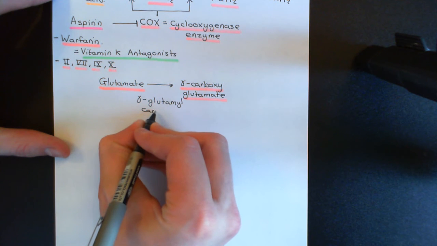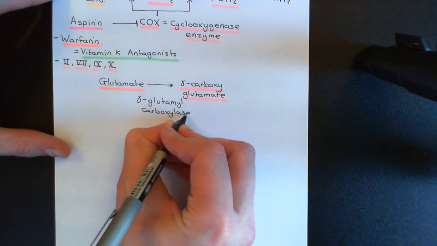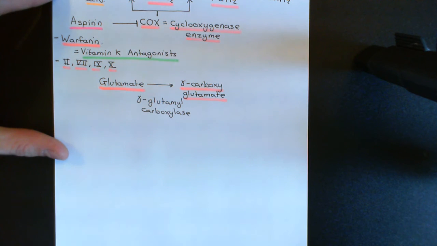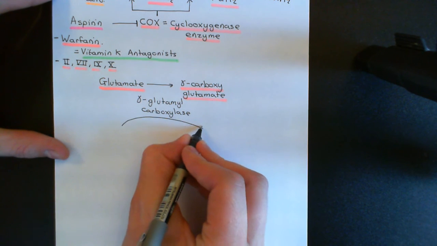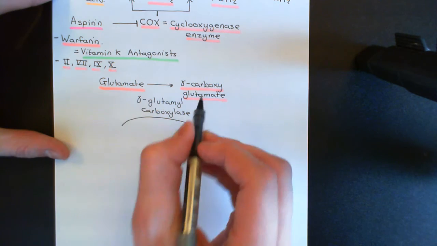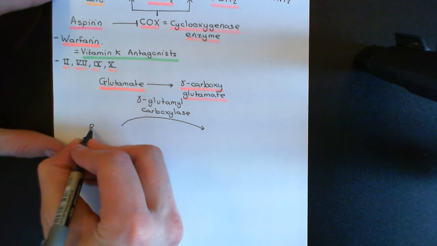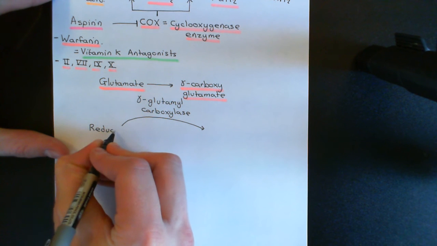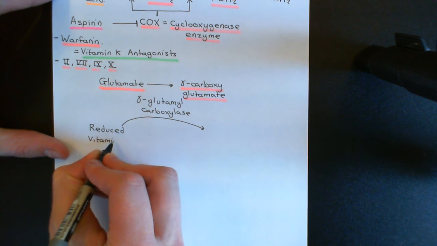When it's catalyzing this conversion, it also has to convert vitamin K in the reduced form to vitamin K in the oxidized form. So every time it converts a glutamate molecule into a gamma-carboxyglutamate molecule, it will also convert a reduced vitamin K molecule into an oxidized vitamin K molecule.